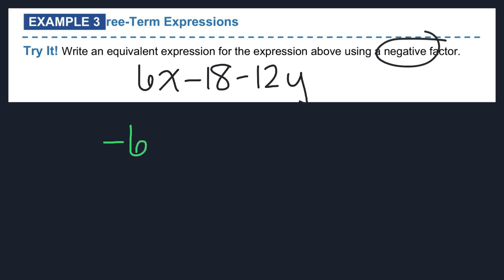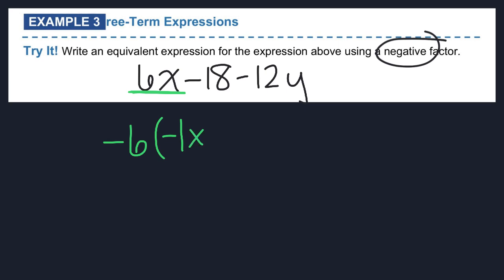All right, now this gets tricky because negatives are always a little tricky. I pulled negative 6 out of 6x. So I'm asking myself, what can I multiply by negative 6 to get positive 6? And I have to go back to my integer unit. 2 negatives make a positive.